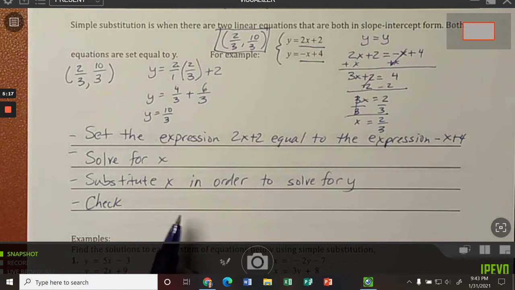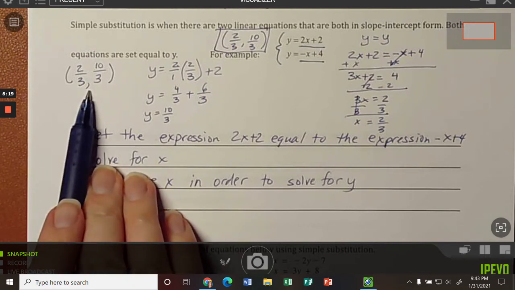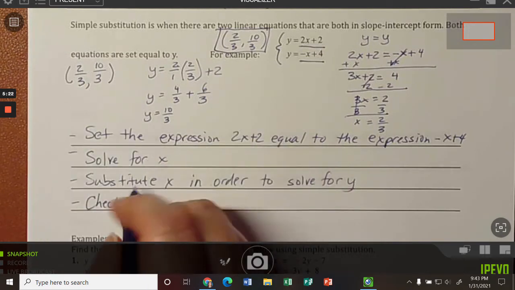And then the last thing we're going to do is check to make sure that the ordered pair is a solution of both equations.